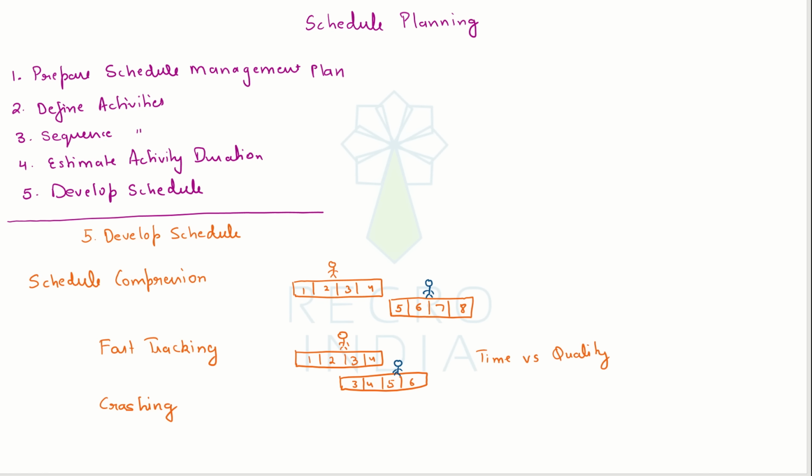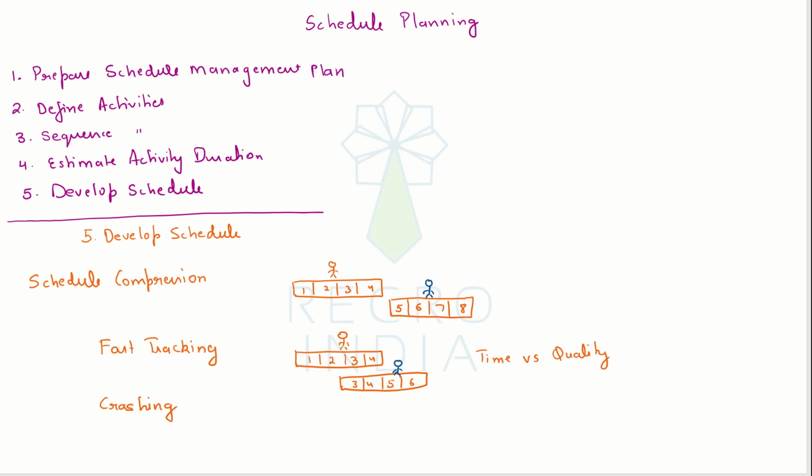When we were doing it sequentially, that's what the best practice was. However, due to the fact that we want to complete the work faster, we are running the activities parallelly. This can lead to some kind of defects or rework in the project.